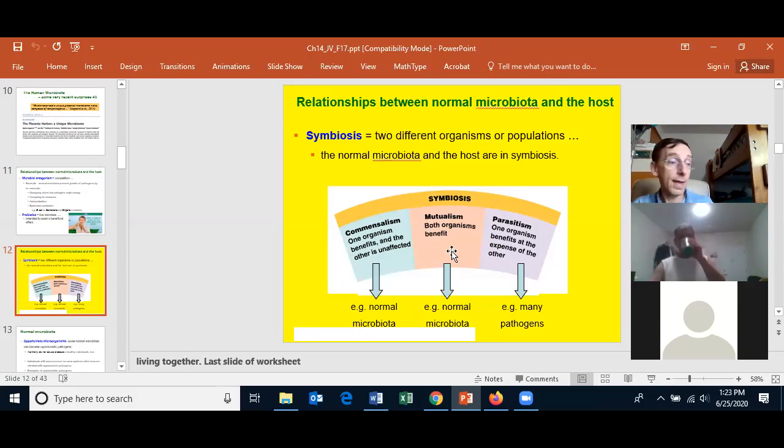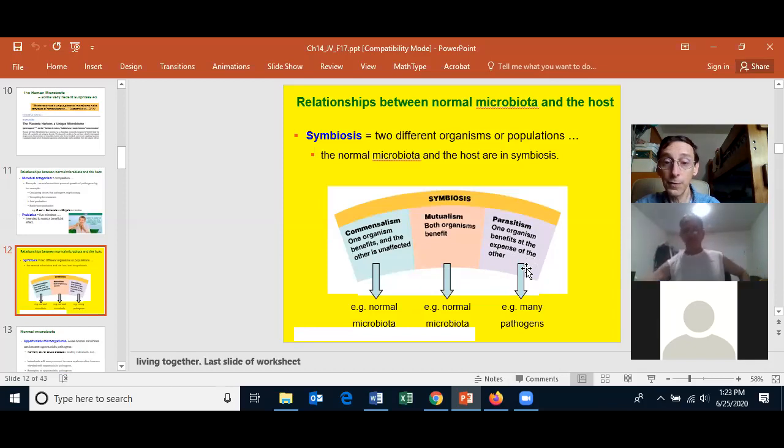Now, a human disease-causing organism, a pathogen that causes disease, and if it colonizes the host, that would be a parasitic relationship, where one organism benefits, it's given a home, and it has nutrients that we supply to them, and then it harms us.